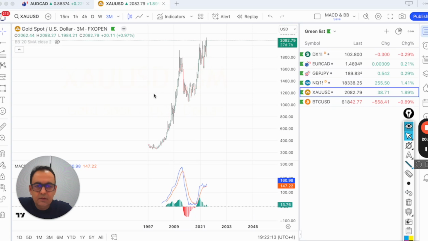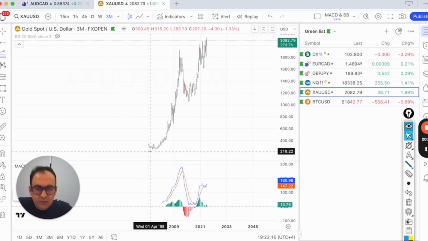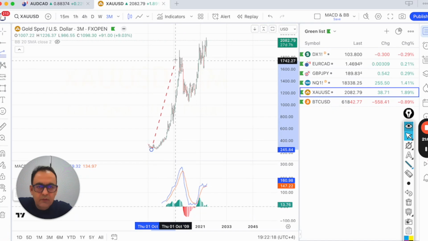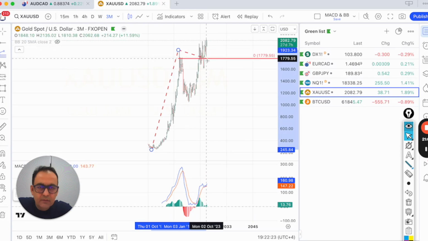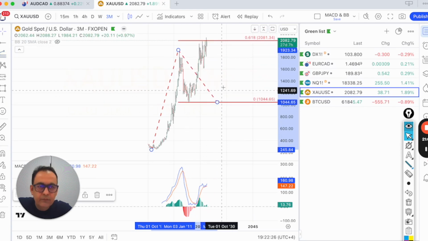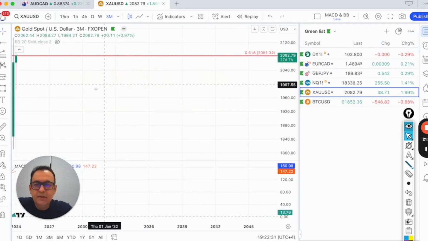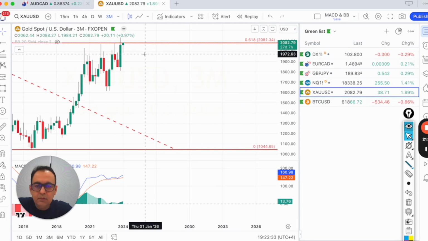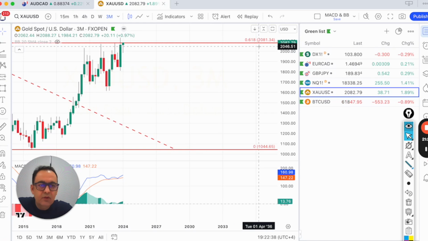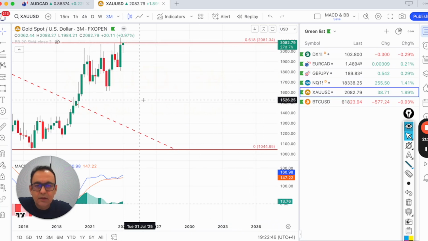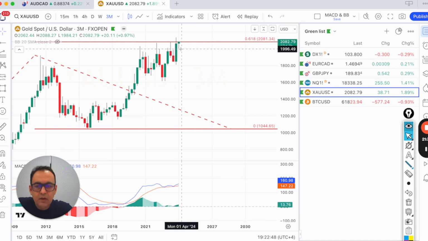So I'll start Fib extension from the lowest candle, drag it to the first high and move it back to the higher low. Now if you notice, gold is currently sitting at the very long-term Fib extension level, that is of 61.8%, and the price level is exactly 2081, and currently there are no signs of moving downward.